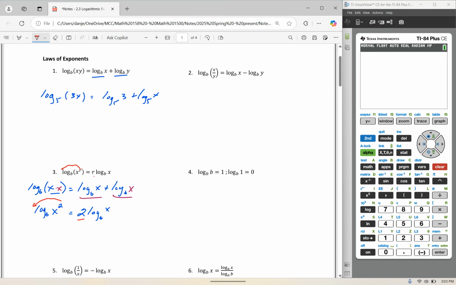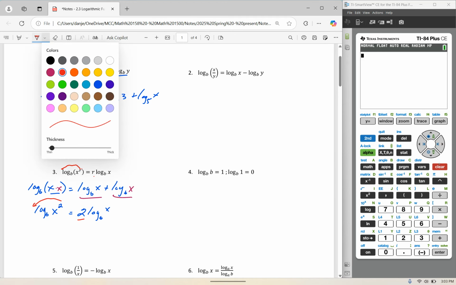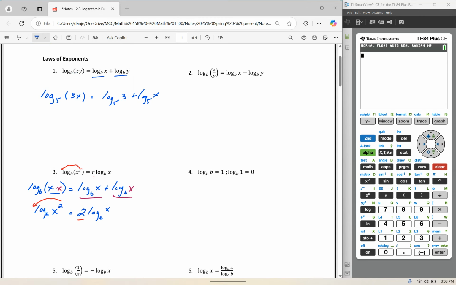And I'm going to use that in some of these other rules. If I've got the log base b of x divided by y, that's the same as the log of x times y to the negative first. Because remember, from exponents, dividing by y is the same as multiplying by y to the negative first.